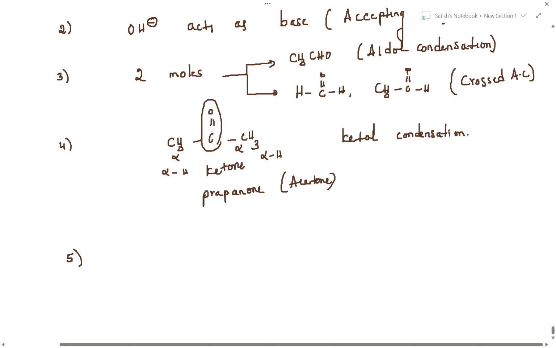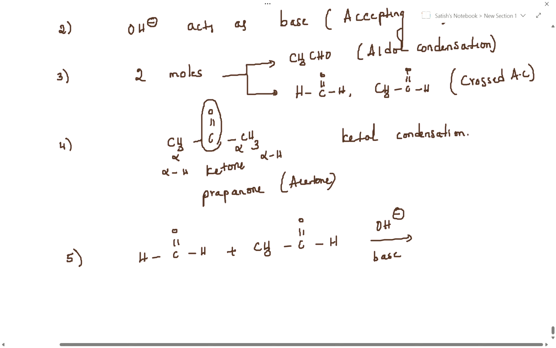Next, one more doubt. Fifth point: HC double bond OH and acetaldehyde. What did I say? Crossed aldol condensation, right or not? If you see it like this, immediately you have to catch that these are two different aldehydes. OH minus acts as a base here, so between two aldehydes that is crossed aldol condensation. You can guess it. Next, one more important point: one of them does not have alpha hydrogen, no alpha carbon.